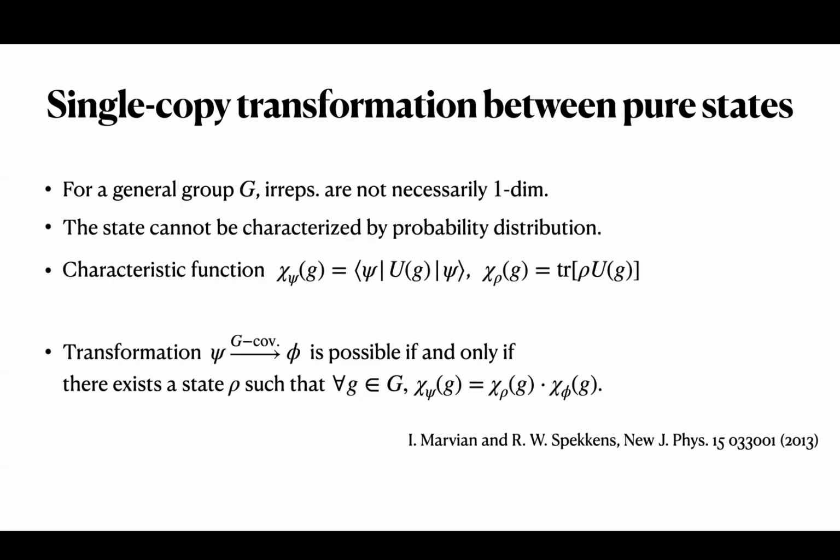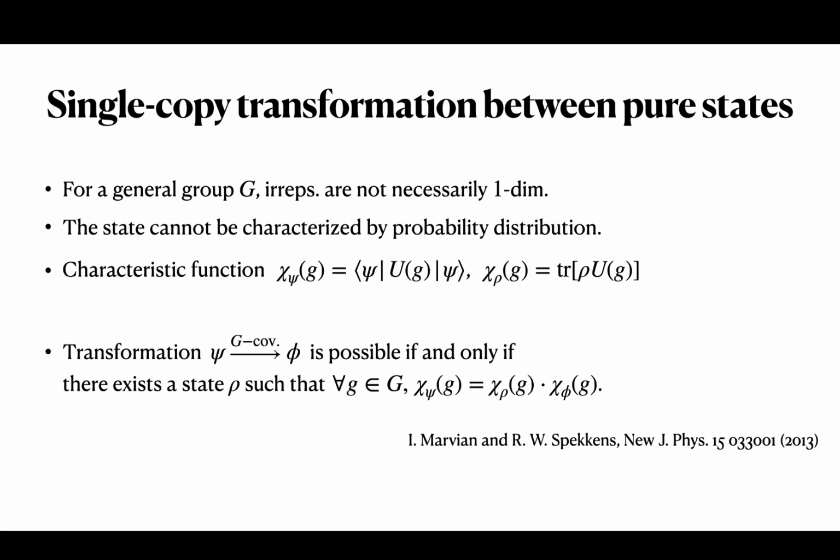But for a general group G, irreducible representations are not necessarily one-dimensional. So the state cannot be characterized by a probability distribution in general. However, there is a very useful quantity, the characteristic function, which is defined by this.